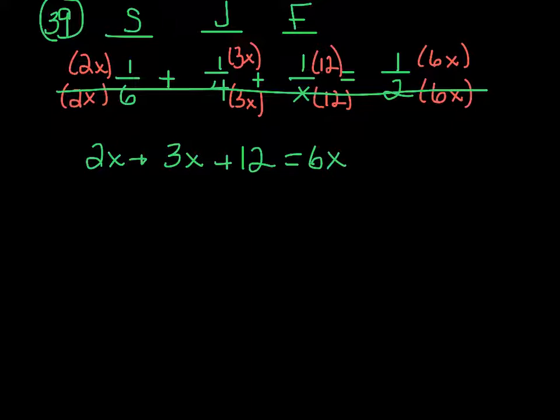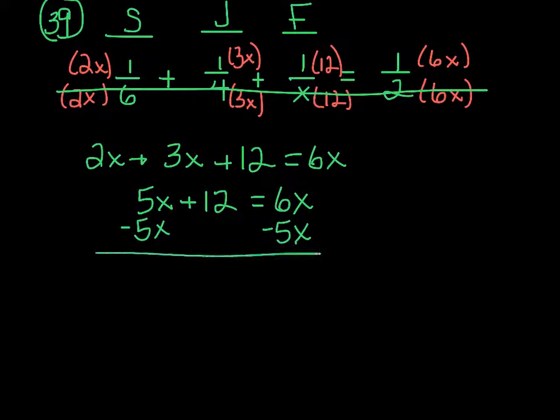Really not so bad, right? Now we're just going to solve the numerator. So we get 5x plus 12 equals 6x. I'm going to move that 5x over. And there we go. 12 equals x.